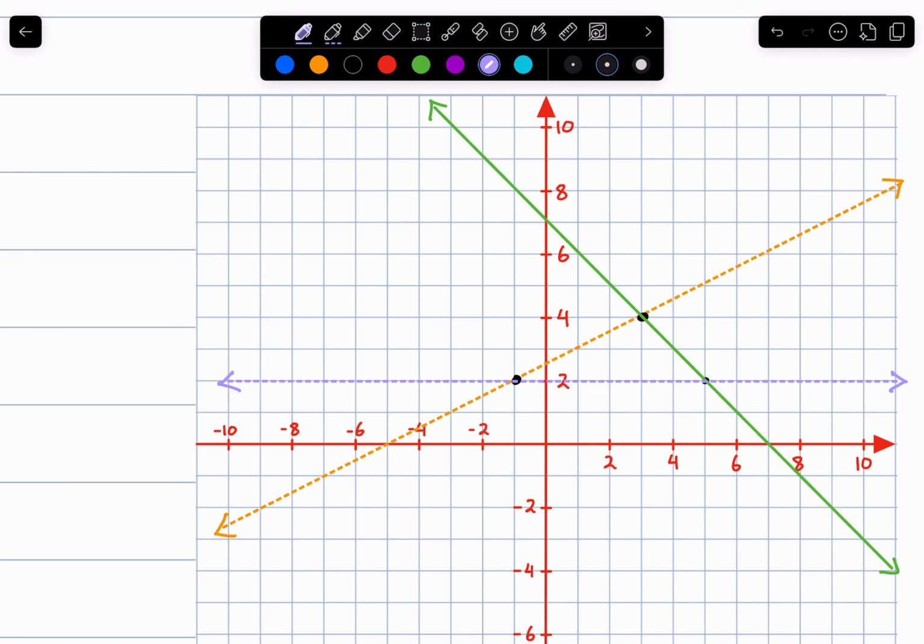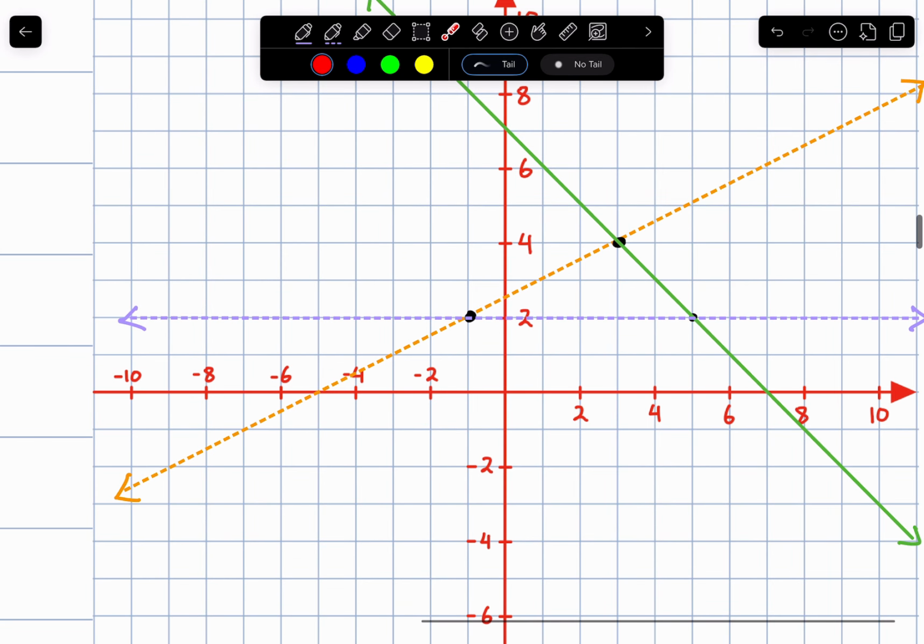And now it's a matter of testing which region we are going to be sketching here. Now, for this one, it's actually best that we pick something either inside or outside of this. So here we go. For this one, I'm simply going to test this point right here.